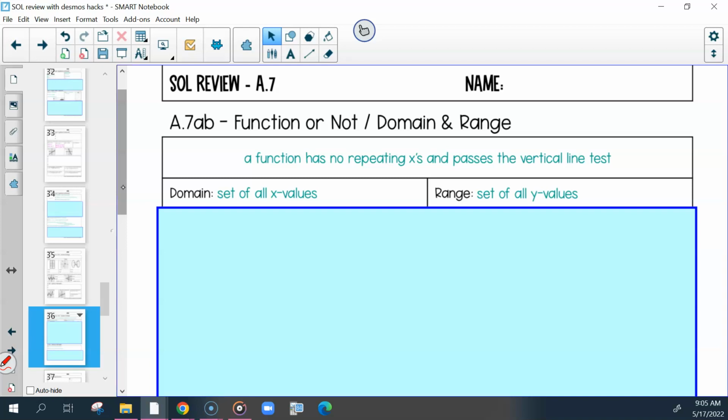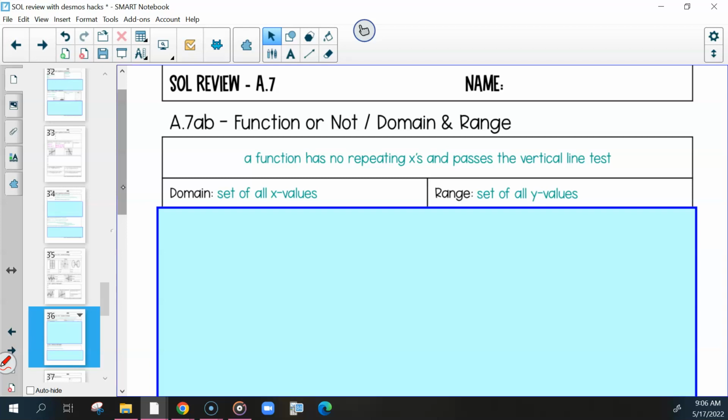If it's asking whether it's a function or not, it'll be given in a table, a mapping, or a graph. So you have to be able to determine if it's a function or not. For domain and range, it will either be given as a table, a graph, a mapping, or a set of ordered pairs, that for a function as well.